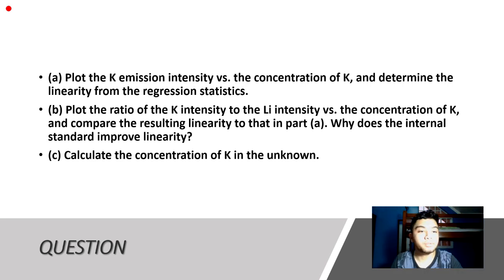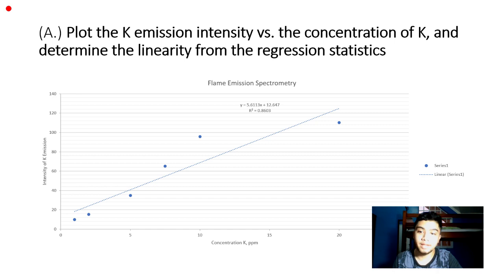So after plotting the data needed, let us go back to the table. What we'll be needing is the concentration of potassium and the intensity of potassium emission. After using both of the data and plotting it, it goes like this.